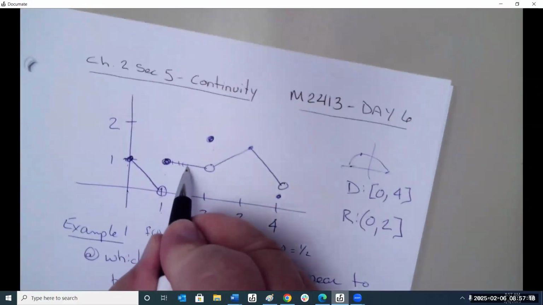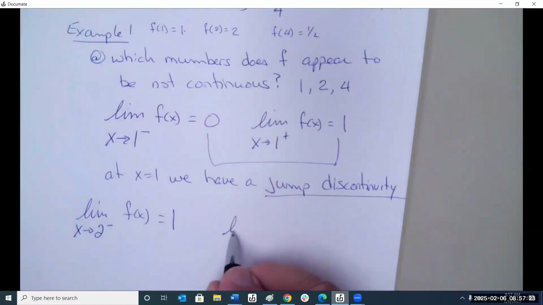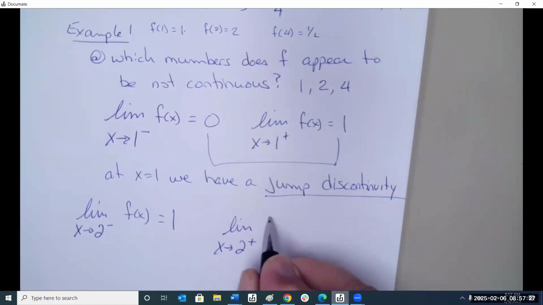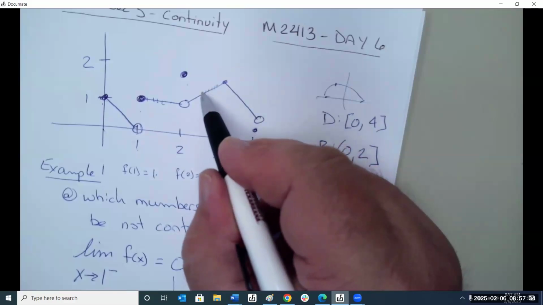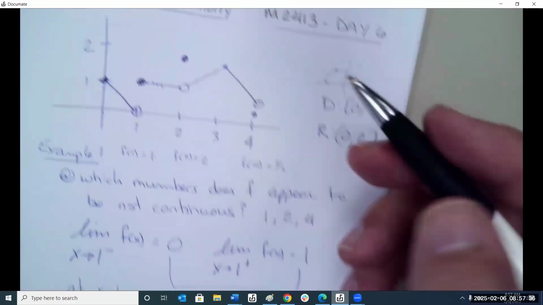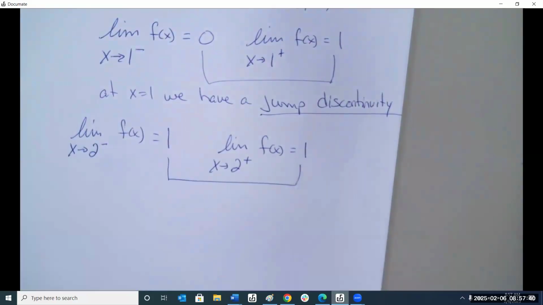Because as we get closer, it's always going to equal 1. What's the limit as we approach 2 from the right? We're coming in from the right. Where is it going? It's going to 1.